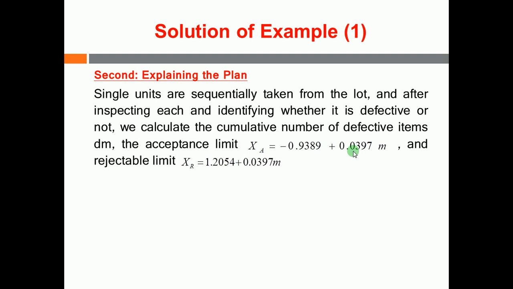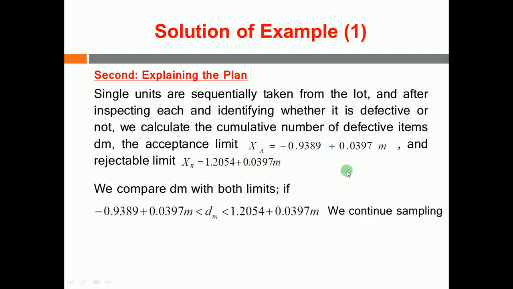Based on this classification, we calculate the cumulative number of defective items, which we refer to as DM, and we calculate XA, the acceptable limit, and XR, the rejectable limit. Suppose that we are inspecting the third item, then M is equal to 3, so I substitute in XA with M equal to 3 and in XR with M equal to 3.